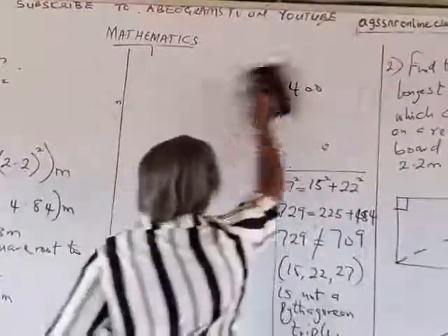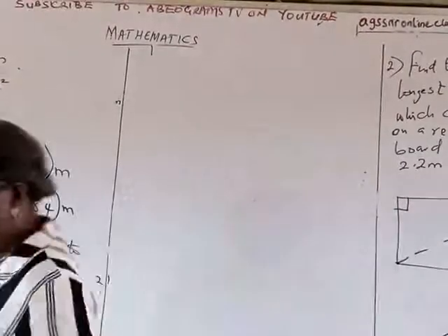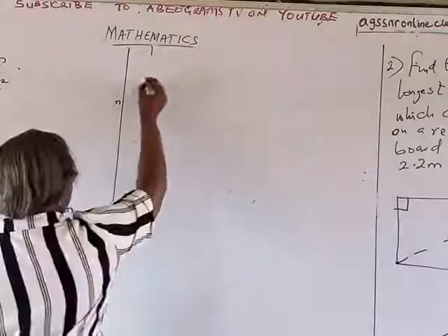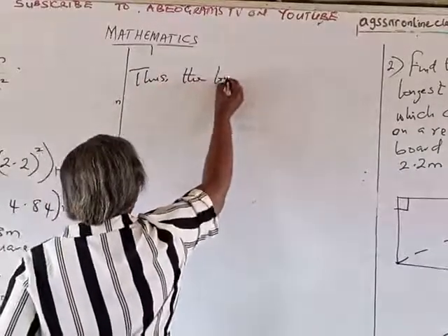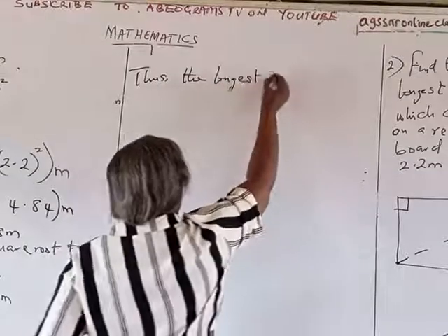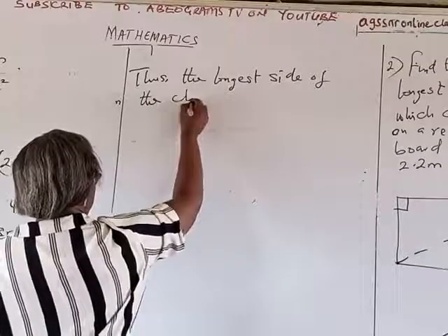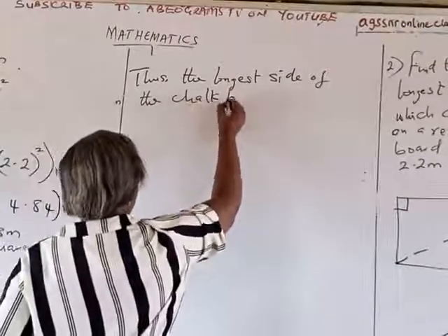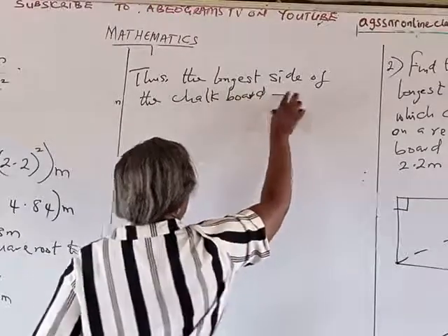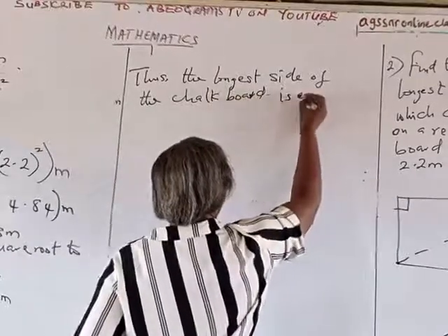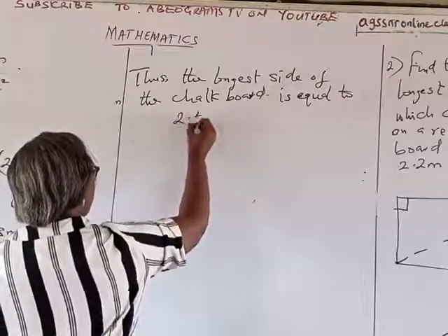So we can authoritatively conclude now that the longest side of that chalkboard is equal to 2.5 meter.